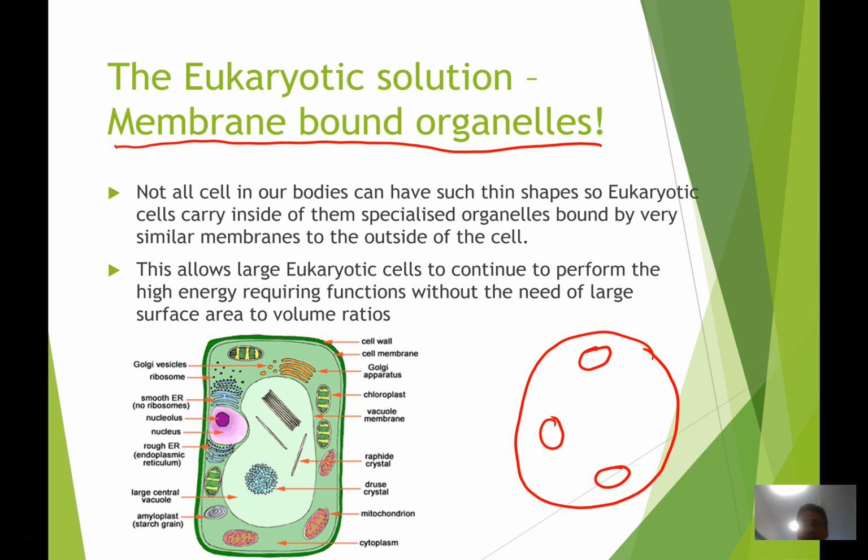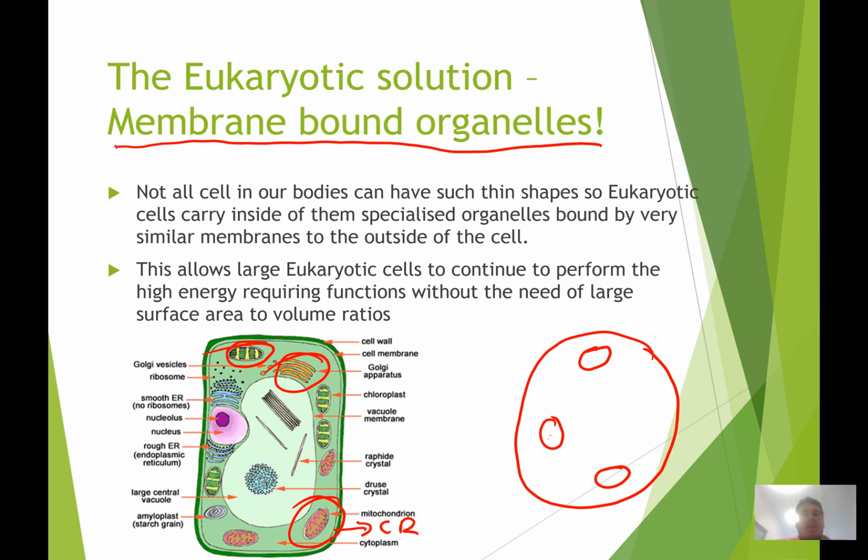And that means that these special organelles can do special jobs, such as cellular respiration for the mitochondria, or if you're the Golgi apparatus, the packaging of proteins, or if you're the chloroplast, photosynthesis.